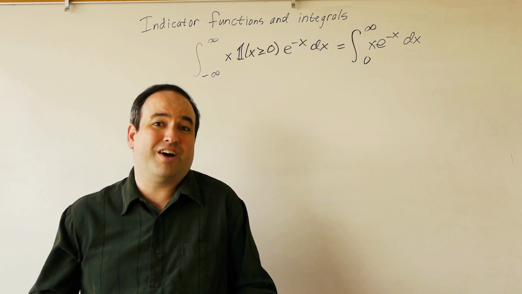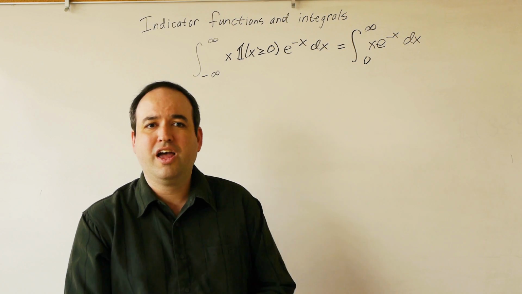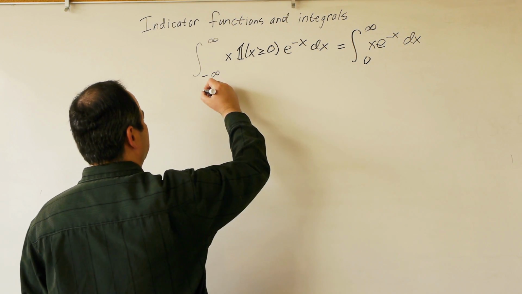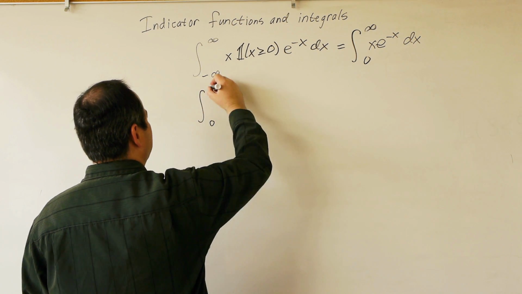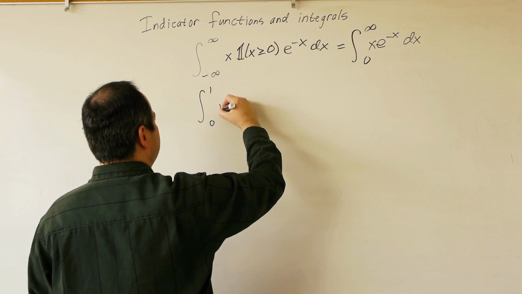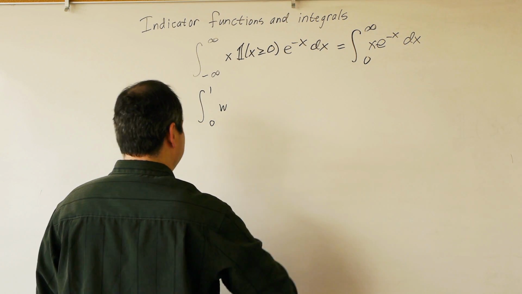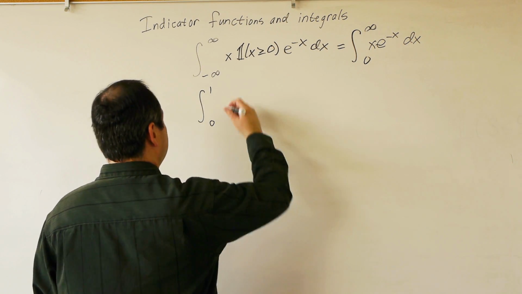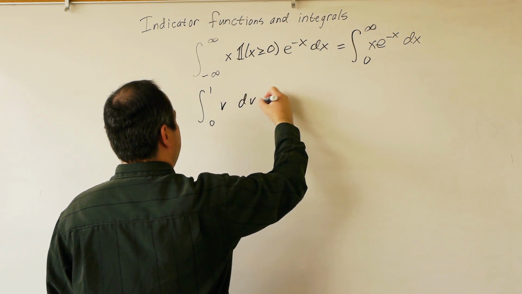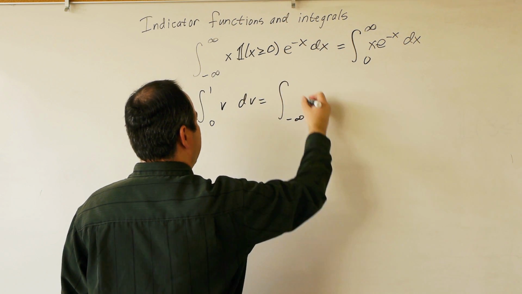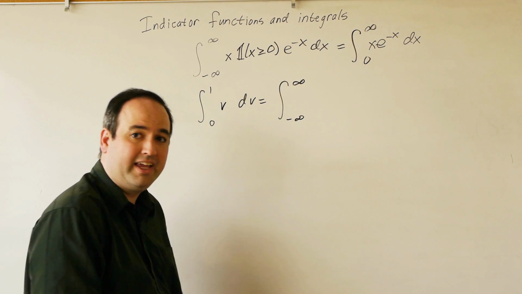Now sometimes it's helpful to go in the opposite direction. Suppose that I wanted to write the integral from 0 to 1 of v dv as an integral from minus infinity to infinity.